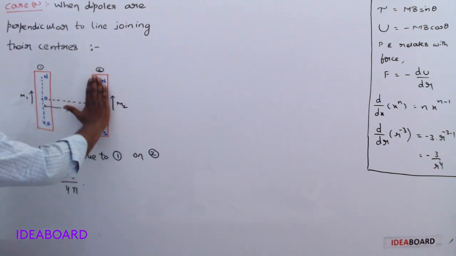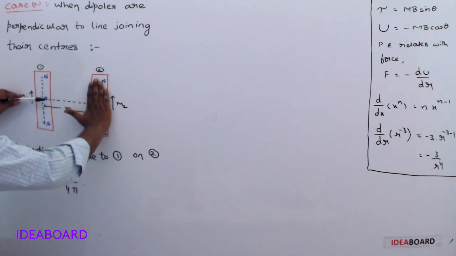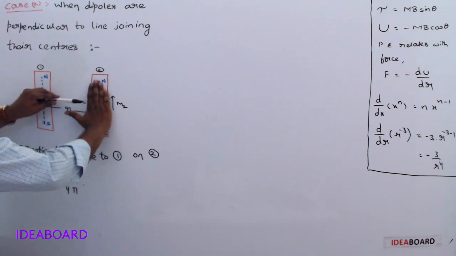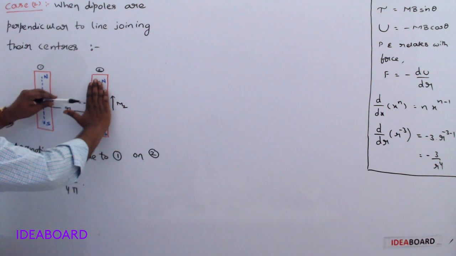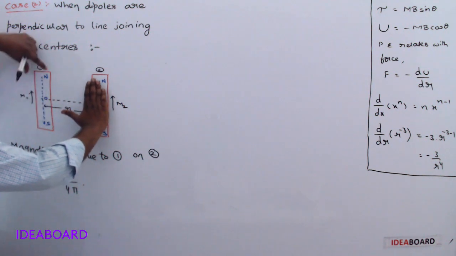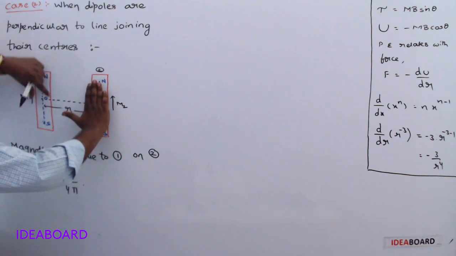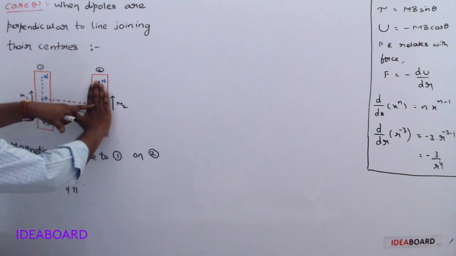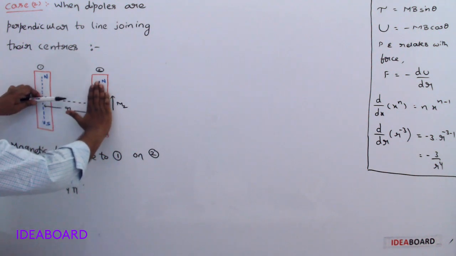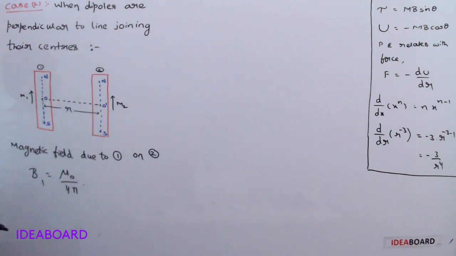Remove this magnet and imagine a point P here. Then this point P is exactly on the perpendicular bisector of the first magnet, which means it is on the equatorial plane.